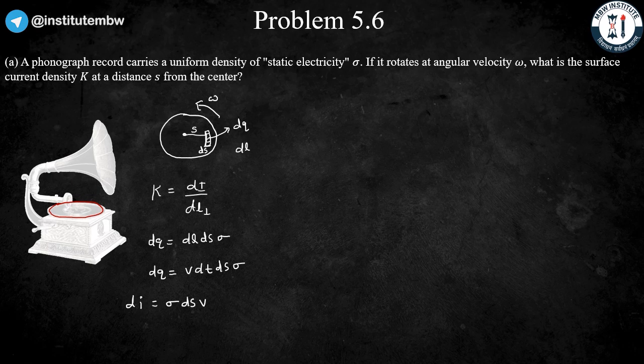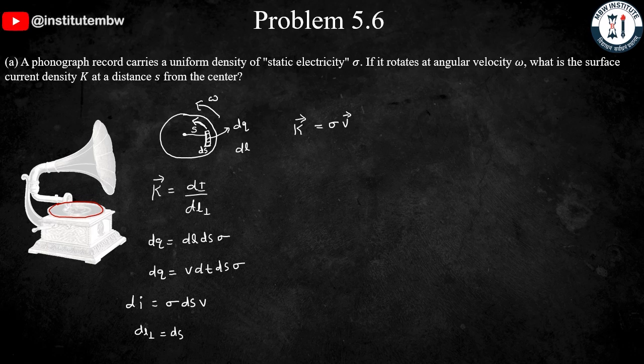So you can see the charge is moving in this direction. So dl perpendicular will be ds. When we find K vector, then it is sigma v vector. So we can write the surface current density in terms of surface charge density and its velocity.